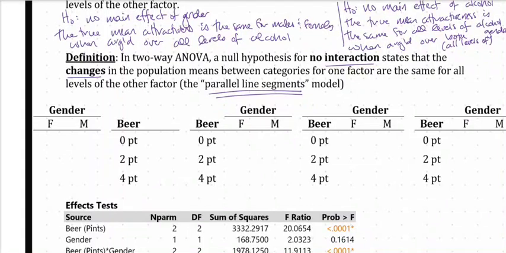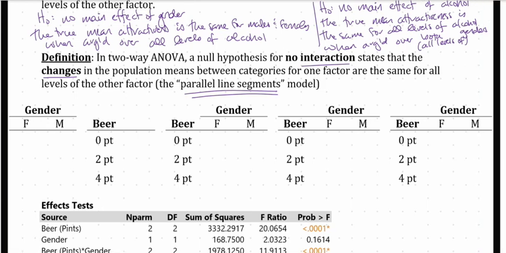Well, if the null hypothesis is true, using the data that we have, then the effect of gender would be that when we average over the levels of beer and just compare males to females, there would be no change. So there would be no main effect for gender. When we average over beers, the change would be 0. So males and females would have the same average perceived attractiveness of 58.3.